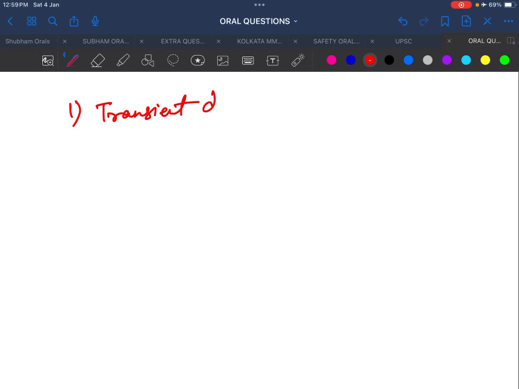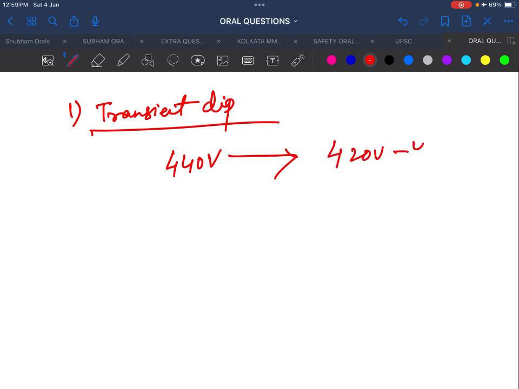Transient dip occurs when, let's suppose, transient is sudden, you switch on some heavy power motor. Then, due to the heavy inductive load, as I told you about reactive power, the reactive power will increase because the need for the magnetic field is increased, and due to this there is a sudden drop in the voltage from, let's suppose, 440 to 420 volt or 415 volt.